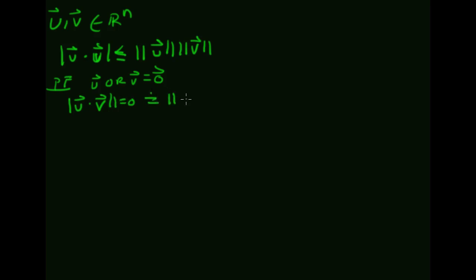Likewise, the product of the magnitudes would also be 0, so we clearly get equality there, and that would make this true. So let's look at the non-trivial case, where u and v are both not the zero vector.